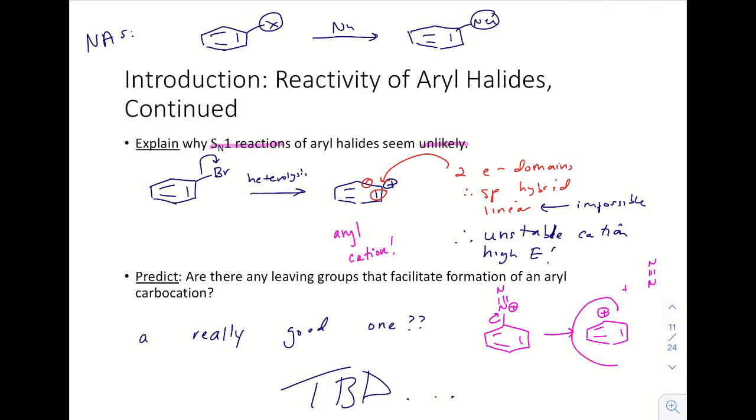Now there is this high energy cation, that's not great, but nitrogen is a gas in addition to being a really stable molecule, so it evolves. So this reaction is irreversible. So this is a great leaving group, and in fact, probably one of the only ones that can facilitate formation of this high energy aryl carbocation.